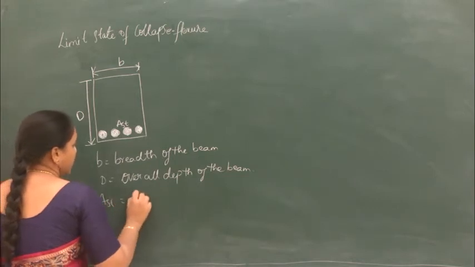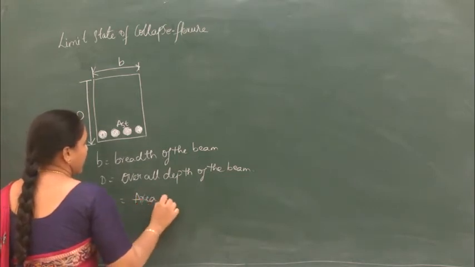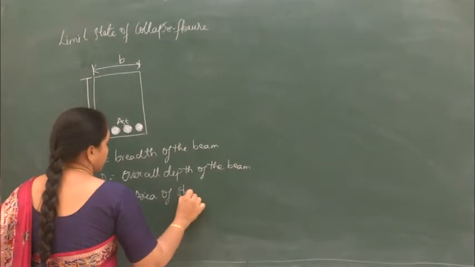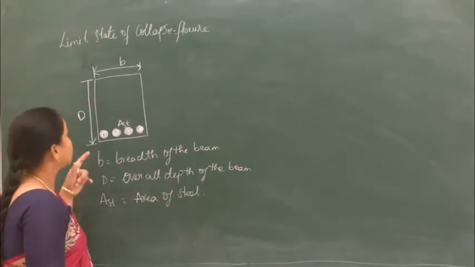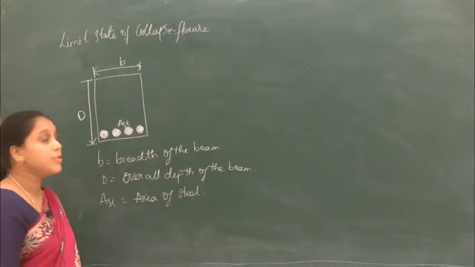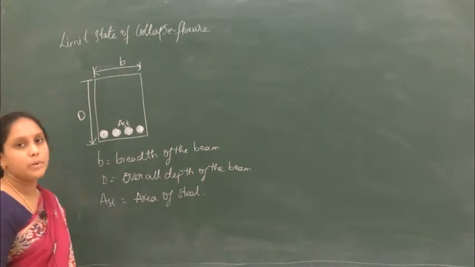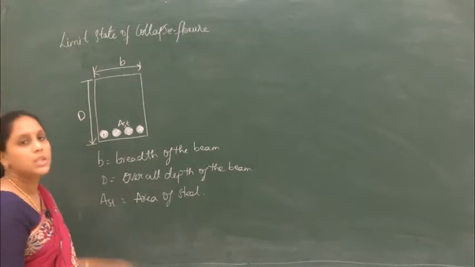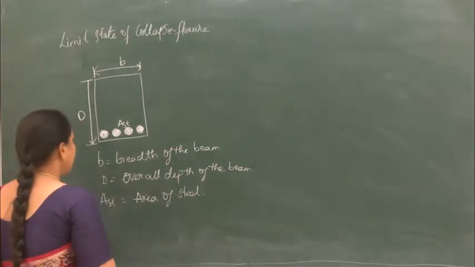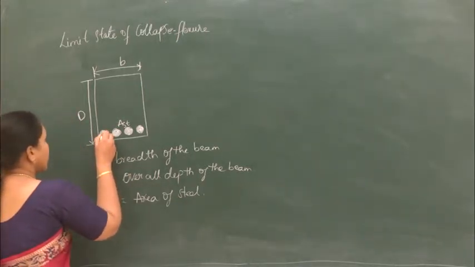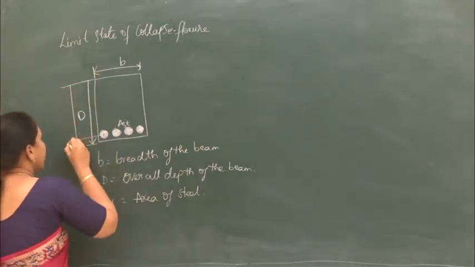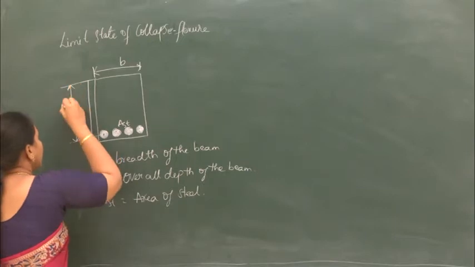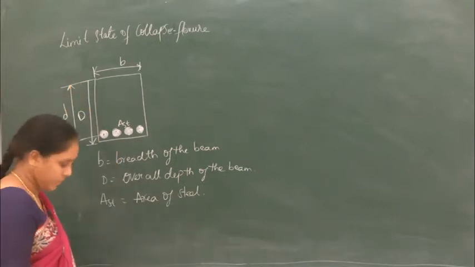AST is nothing but the area of steel reinforcement. Now, the distance from the topmost compression fiber to the center of the steel reinforcement is called the effective depth d.